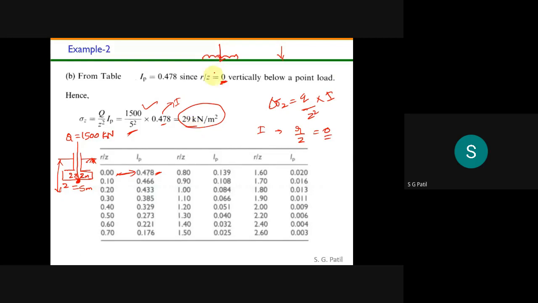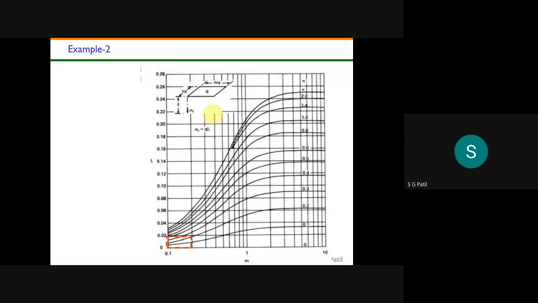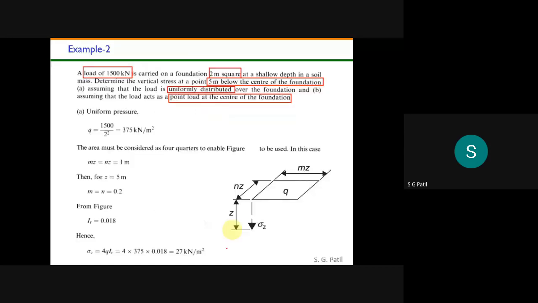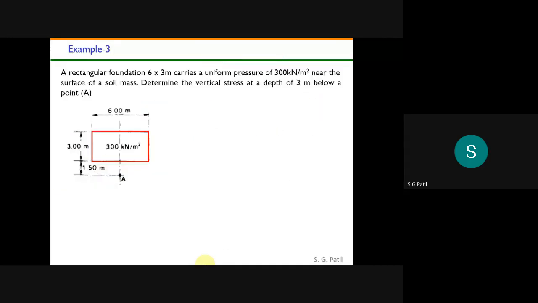If you apply it as a point load, I got 29 kilonewton per meter square. If you apply it as a UDL, how much did I get here? 27. Around 2 kilonewton per meter square is reduced here. Understood? Any doubt here?